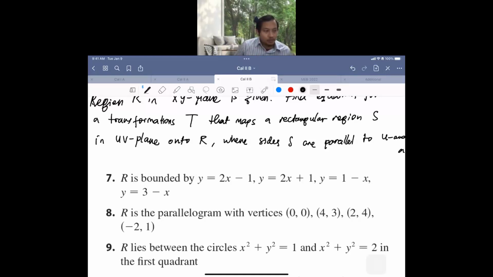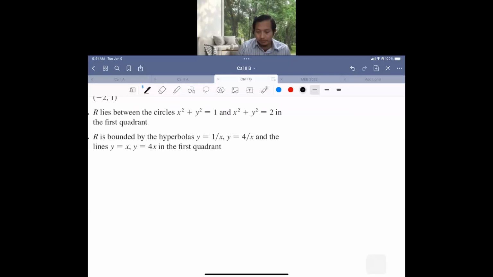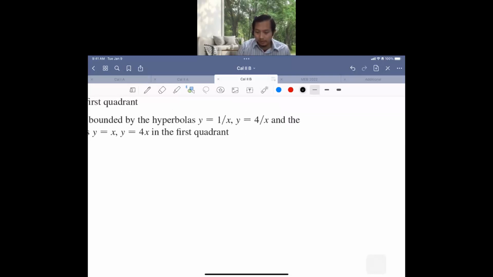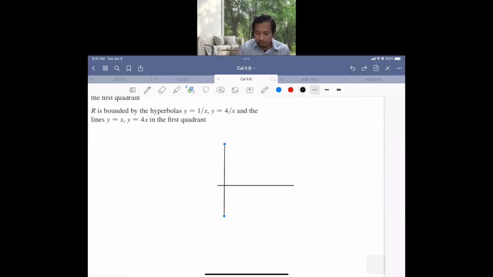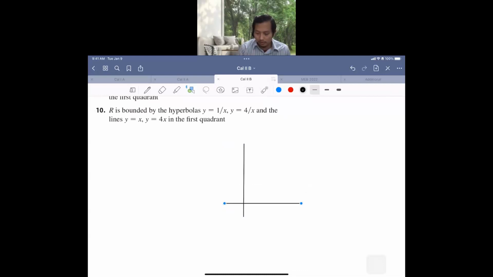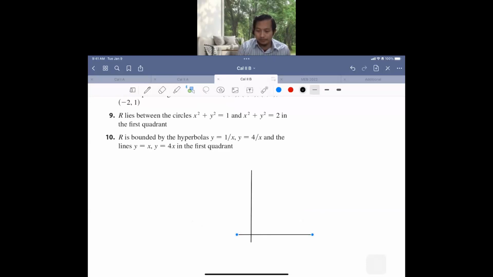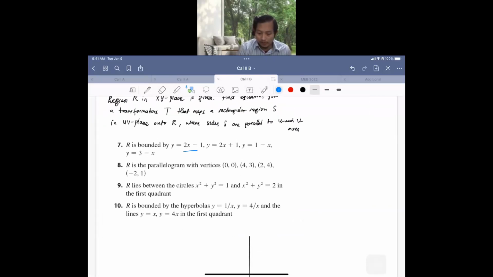So first, we can make the parallelogram for the R. Let's say we have 2x minus 1, 2x plus 1, 1 plus x, 3 minus x.